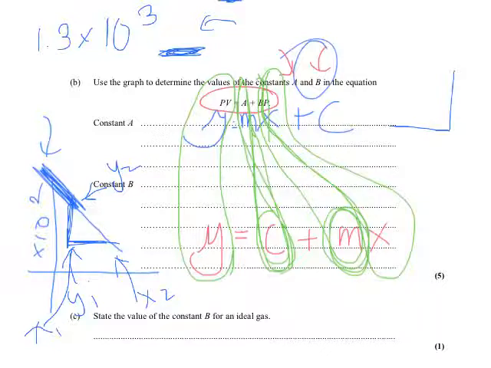Anyway, as long as in some way you show what this distance is using the axes, and you show what this distance is using the axes, then you work it out. You divide the change in y by the change in x. So your gradient will be change in y divided by change in x.